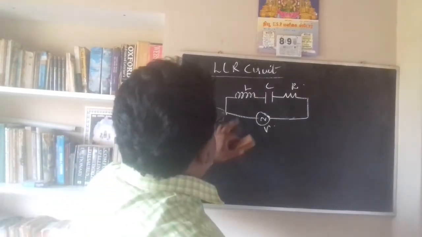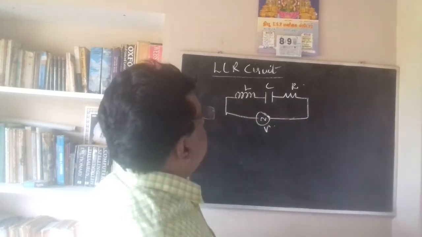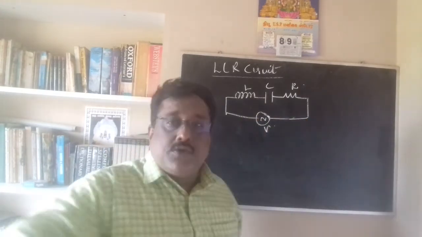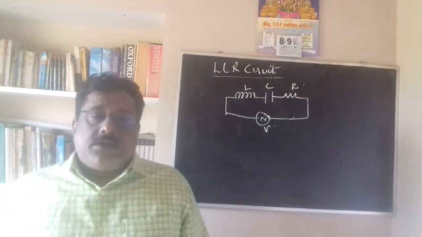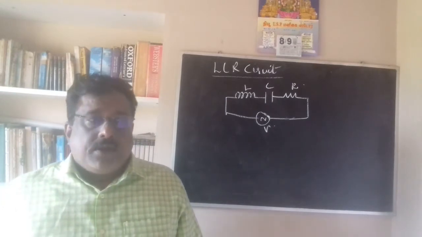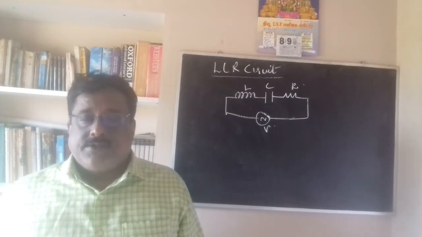Here, this combination of LCR connected to an alternating current produces oscillations, and these oscillations can be changed from time to time by changing the values of inductance, capacitance or resistance.